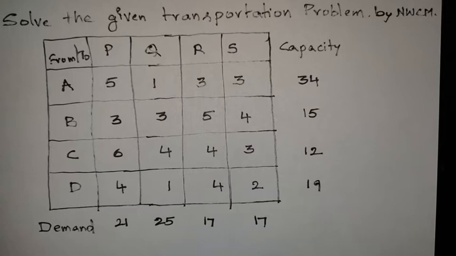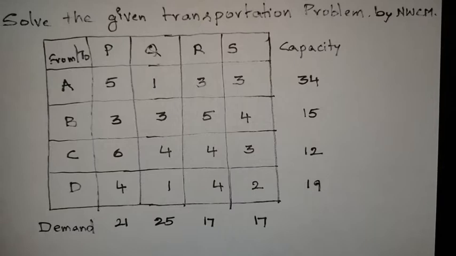Now we are asked to get the initial transportation solution of the problem. So we need to find the least cost route by the northwest corner cell method. How to solve this, we will see.